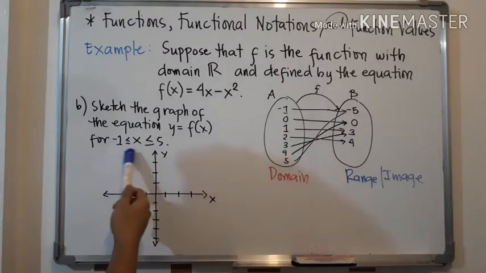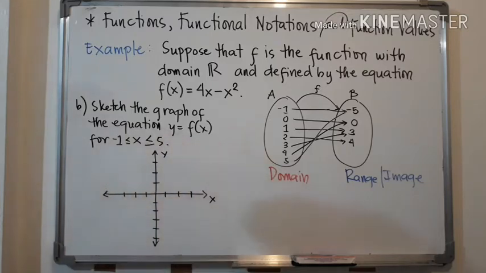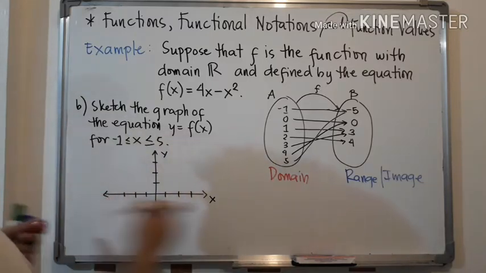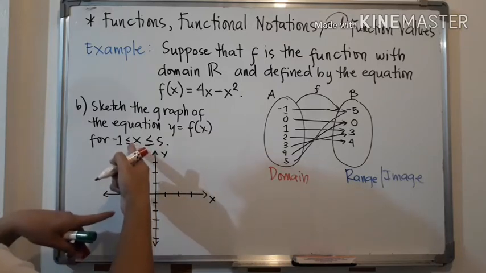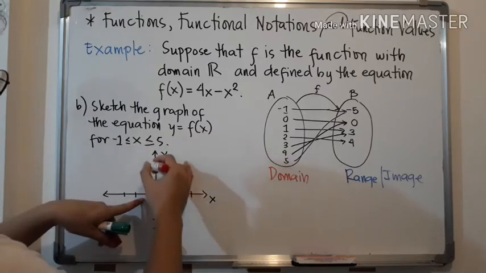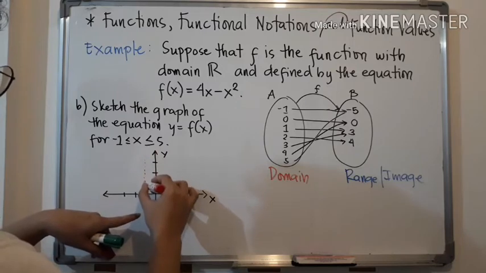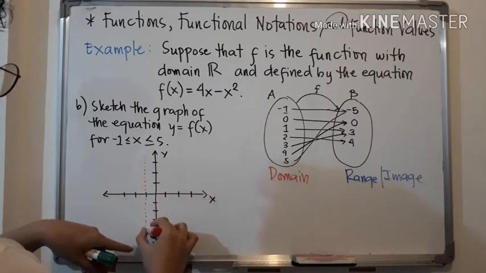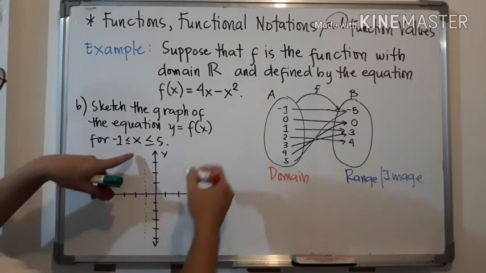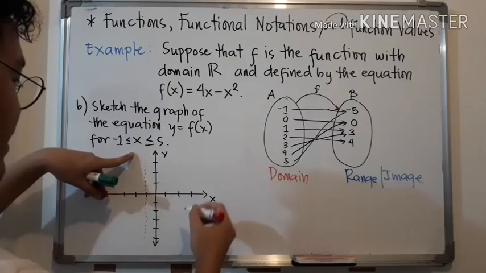If we restrict our domain, we have x greater than or equal to negative 1, so this is negative 1, and we have x equals positive 5.